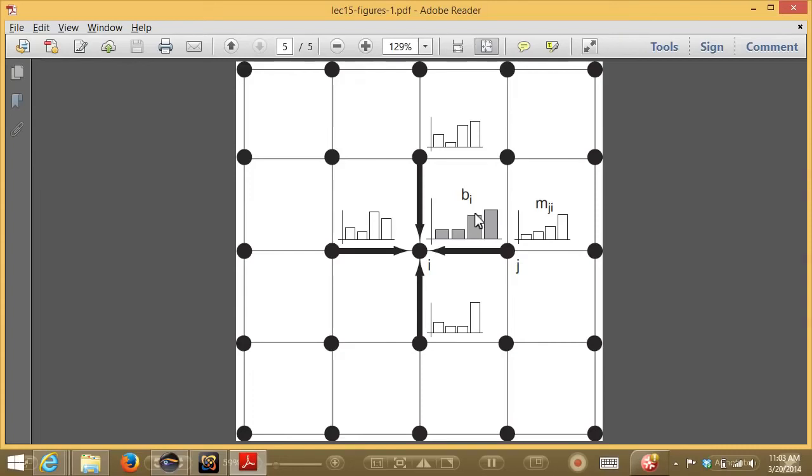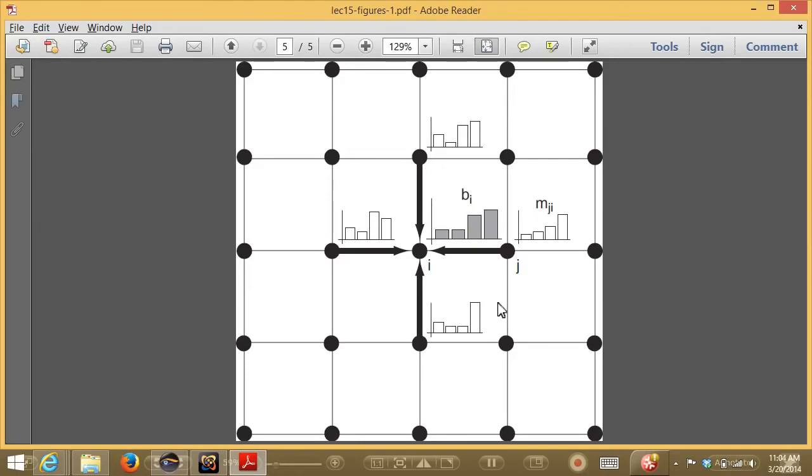They're different algorithms, but I think a lot of people use belief propagation because it has a nice probabilistic interpretation of what's going on. I keep this hypothesis about what my disparities could be, and I don't make any hard decisions until the very end. That has some appeal from a machine learning point of view. Also I could parallelize this algorithm because I only have to consider me and my neighbors. I can not pay attention to what those guys are doing off in the other part of the image.